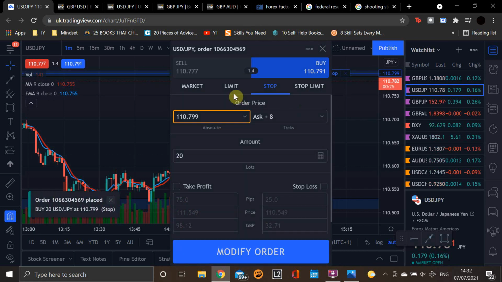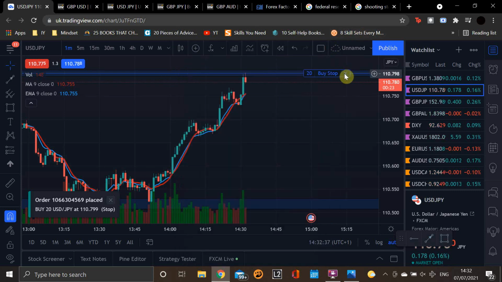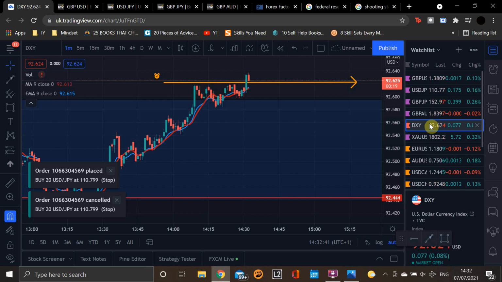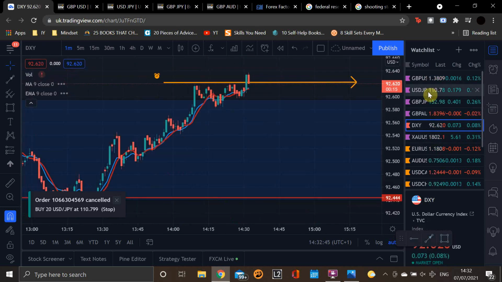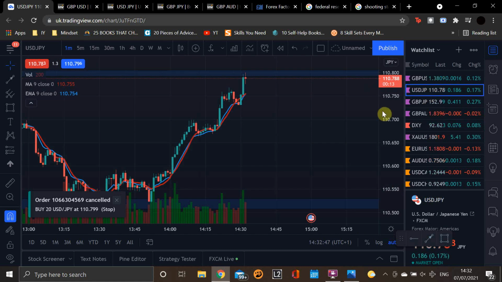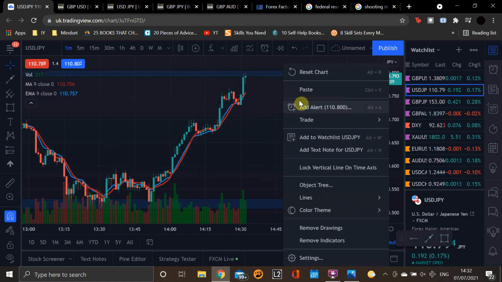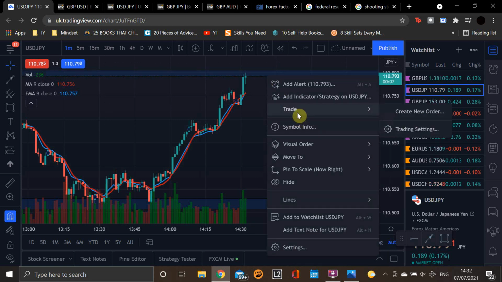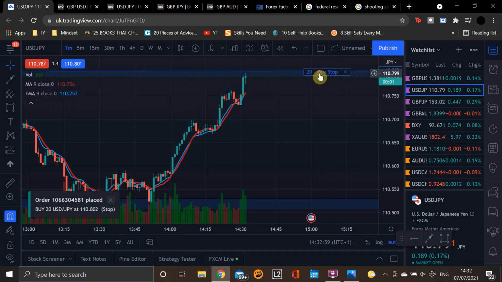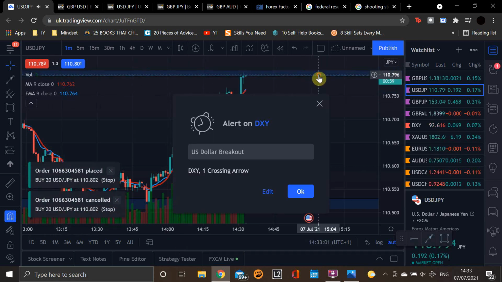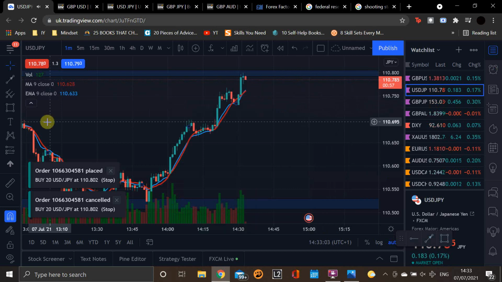Not a buy, stop, limit. See DXY, oh, it's coming down a bit. So DXY and USD JPY are reacting the exact same way. But look, that pressure was non-existent. So I'm gonna try again. Put a limit order. There we go. Again, it's crossed the arrow.